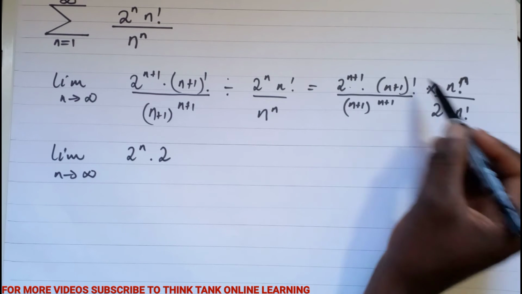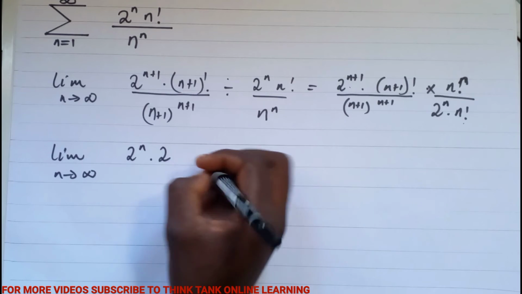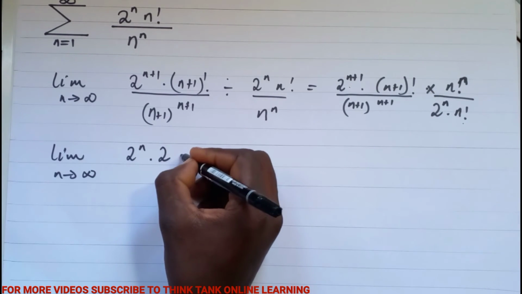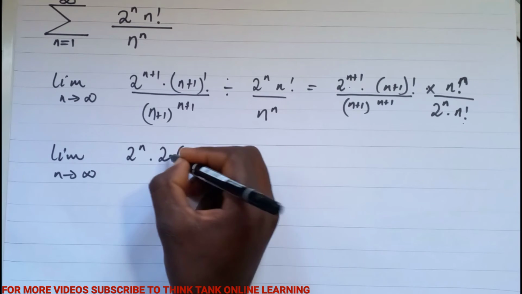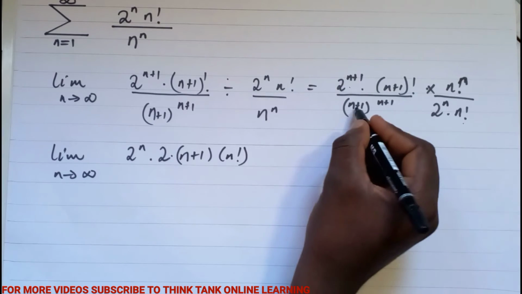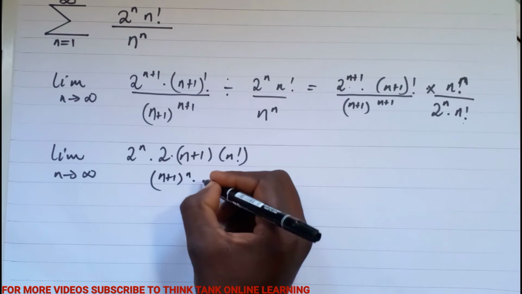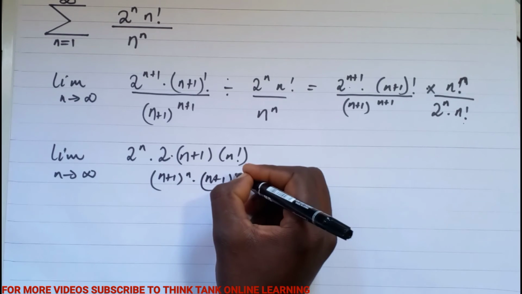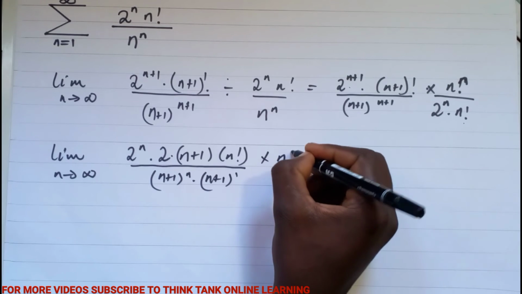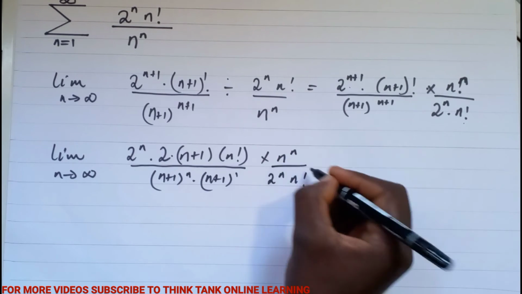You should remember that n plus 1 factorial is the same as saying n plus 1 times n factorial, over n plus 1 to the power n times n plus 1 to the power 1, times n to the power n over 2 to the power n times n factorial.